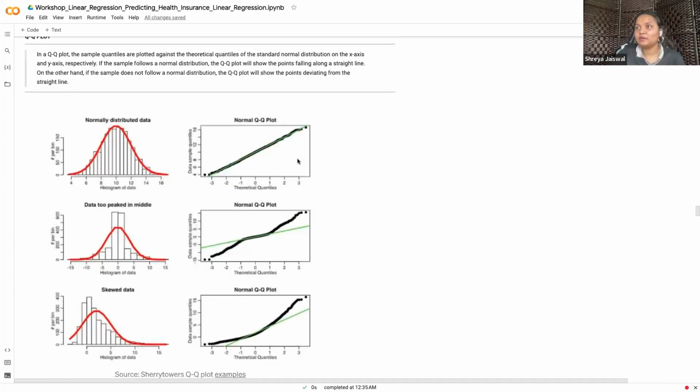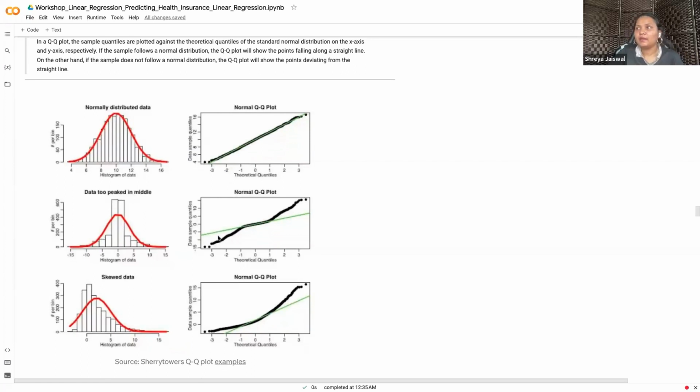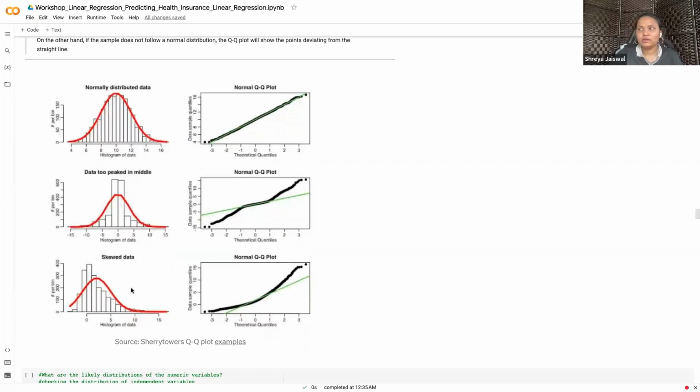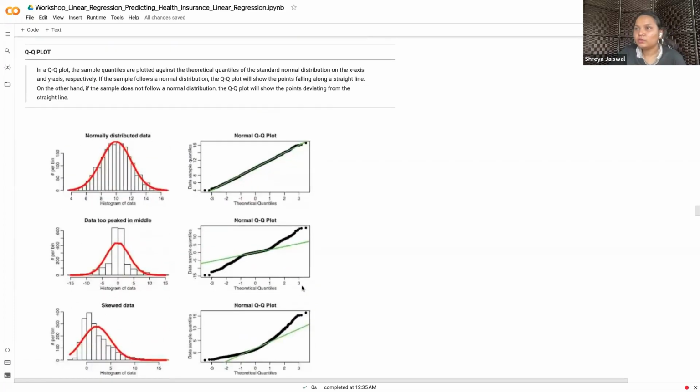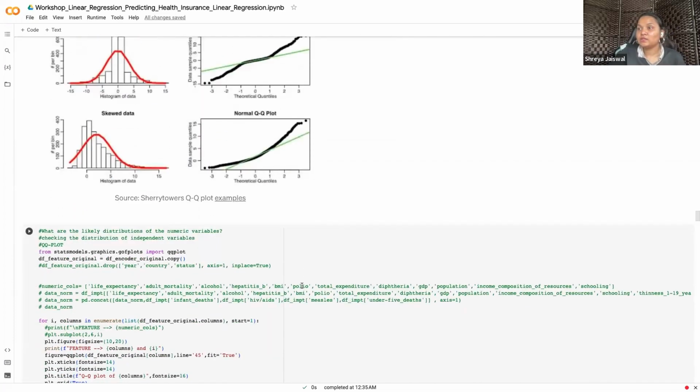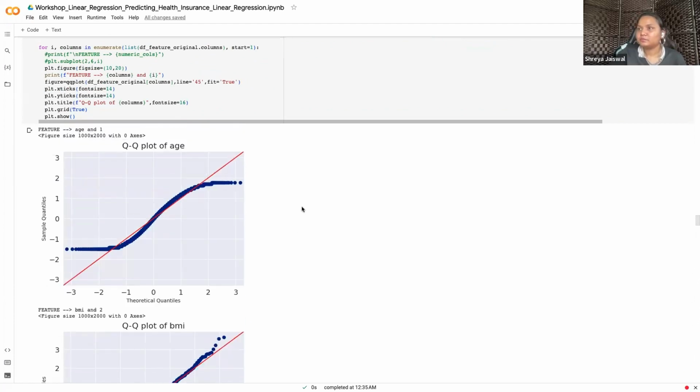I think this particular image talks about it. If our data is normally distributed, then our QQ plot is going to be fairly linear. If it is too peaked in the middle, then this is what our QQ plot is going to look like. If it is skewed, then our QQ plot is curved. So this is the basic visualization with respect to the QQ plot. Let's see how our data is with respect to these.